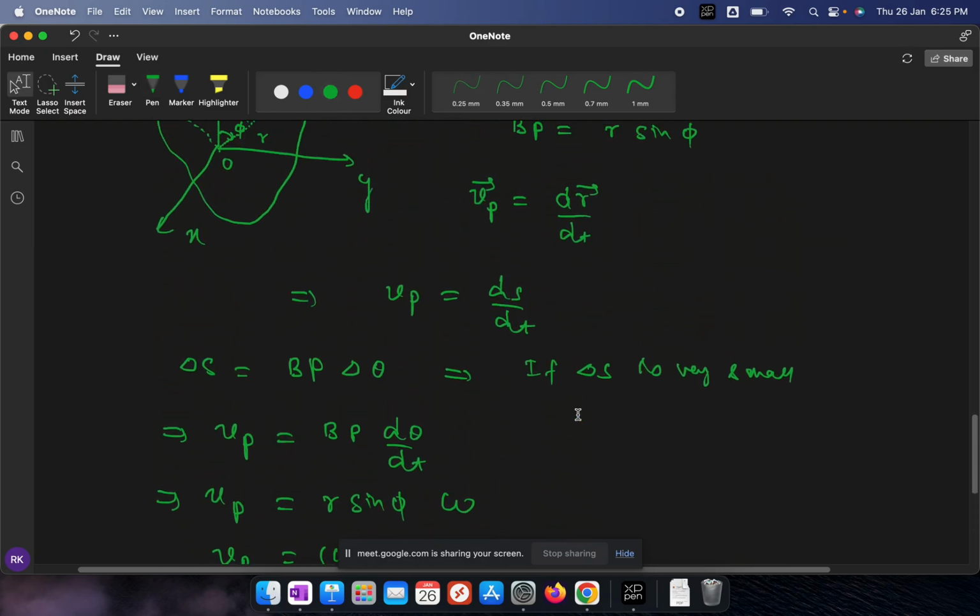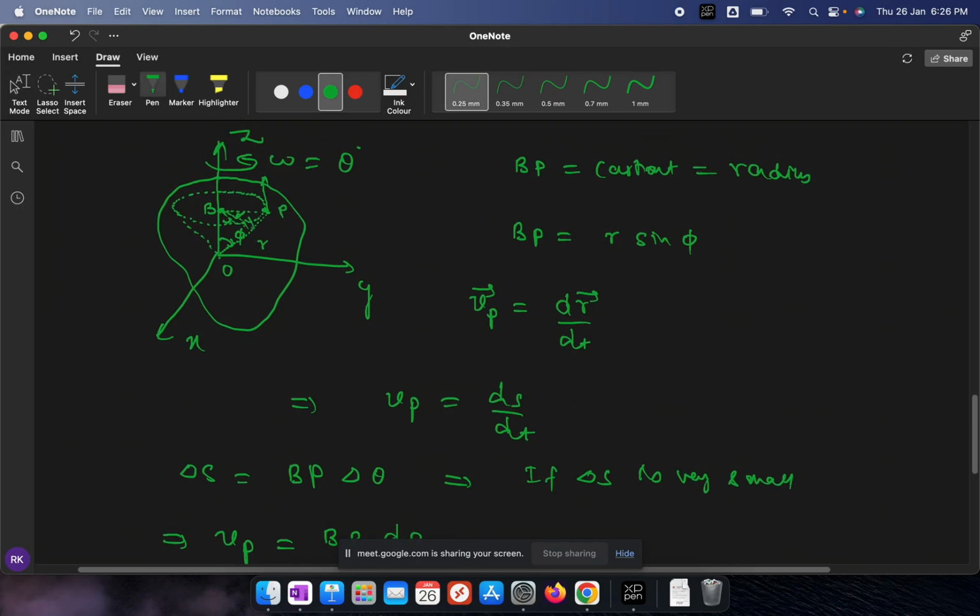If you imagine this plane, O, B, and suppose this point is P dash, and this is phi.